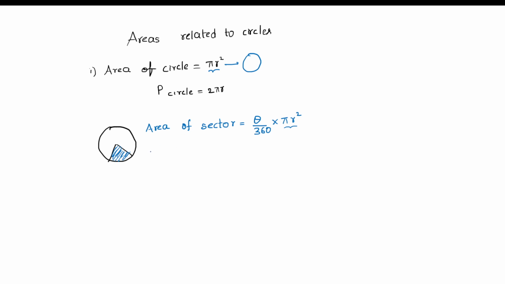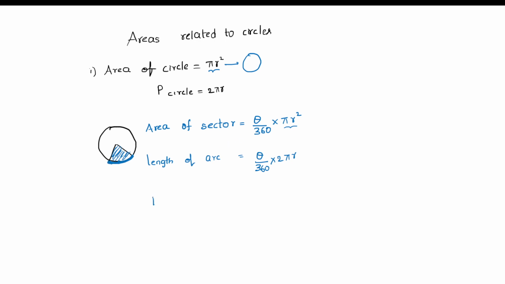Now similarly, length of arc is given by theta by 360 into 2 pi r. Length of arc means only this length.